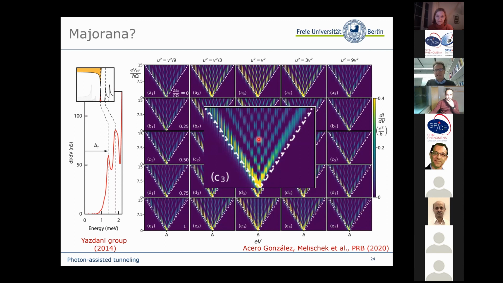These line splittings are now appearing because the thresholds for electrons and holes are no longer exactly on top of each other, and you can, in this way, at least show that it's not a Majorana, because you can see the finite energy of the subgap state without subtracting two large numbers from one another. And that might be quite a sensitive way of making sure that you're not dealing with Majoranas.